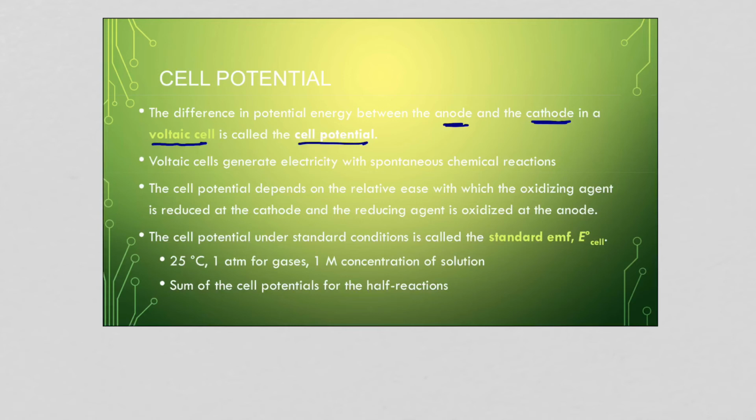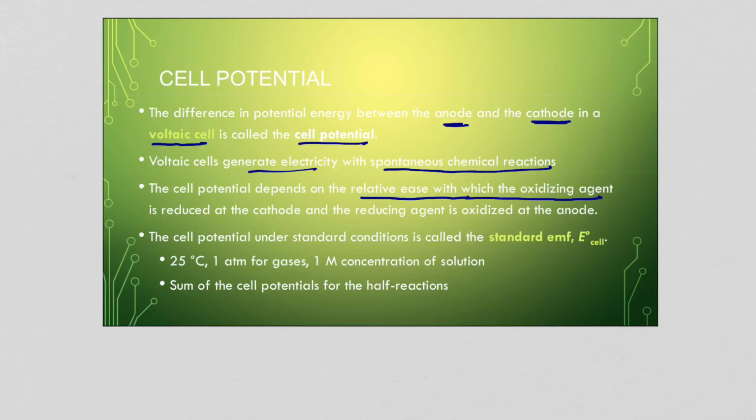So voltaic cells generate electricity via the occurrence of spontaneous redox reactions. Now, depending on what species you choose, you'll get different cell potentials because it depends on how easily one of your reactants loses electrons and how easily the other one gains the electrons.